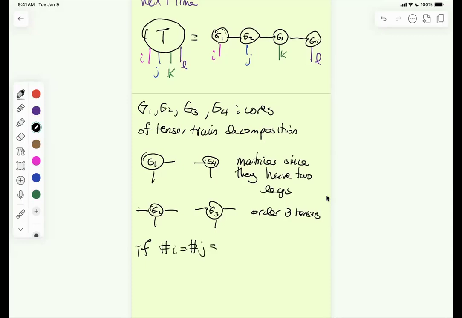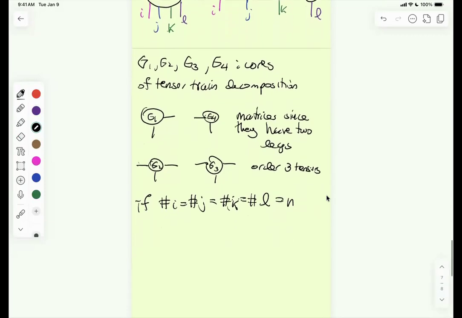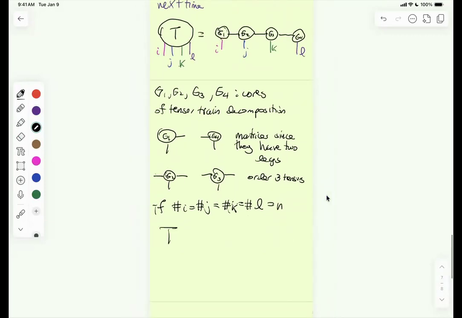If the number of values for i, j, k, and l is n, then T requires n to the 4 entries. Okay, and again, we'll see the details next time.